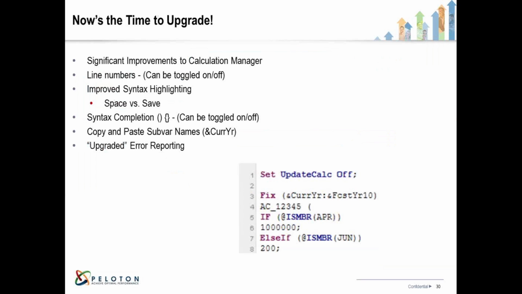So if you're on a previous version of Calculation Manager, 11.1.2.1 or earlier, it's certainly a good time to consider upgrading to the latest version, 11.1.2.3, because there are significant improvements that have been made to Calculation Manager as well as to EPMA itself. For example, now when you're writing Calculation Manager rules, you can have line numbers, which you can toggle on and off.